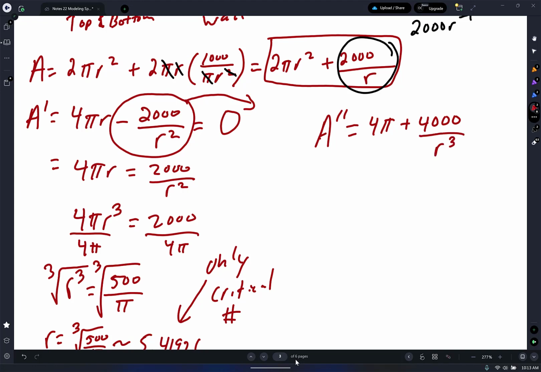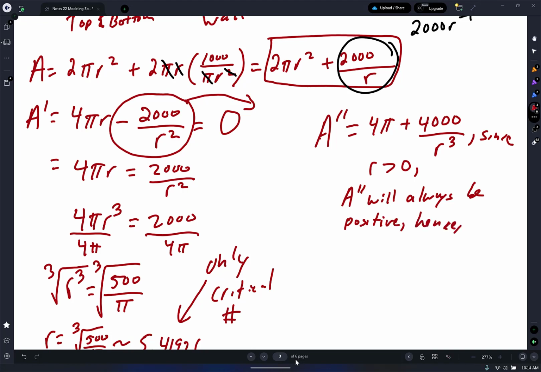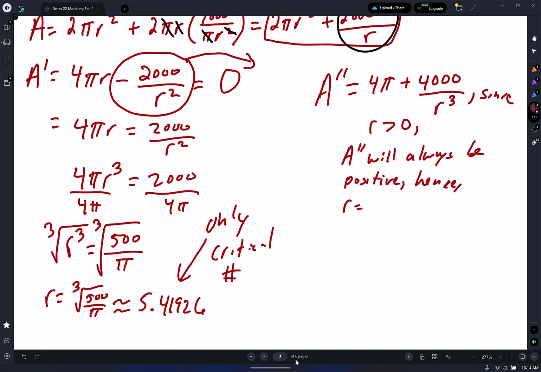Notice, since r is always positive, A double prime will always be positive. Hence, r equals 5.41926 will produce absolute minimum area.